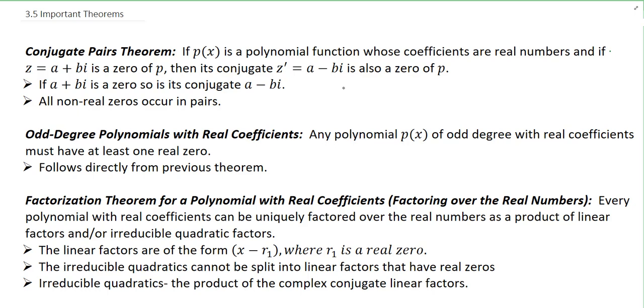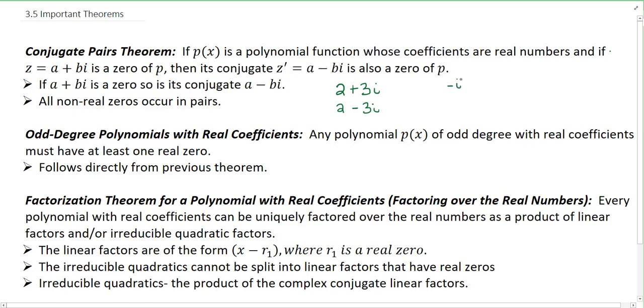So just an example of that would be if you have 2 plus 3i and you say that is a zero of your function, then you're guaranteed that its conjugate also is. And so the real part is 2, so you keep that, but then you go opposite on the imaginary part, so it's 2 minus 3i. So both of those values would be zeros. So if one of them is a zero, then so is the other. You could have something like negative i as a zero, but then that means its conjugate is also a zero.